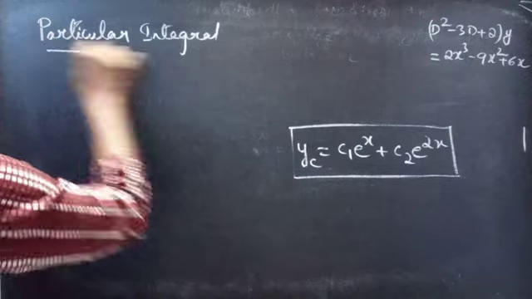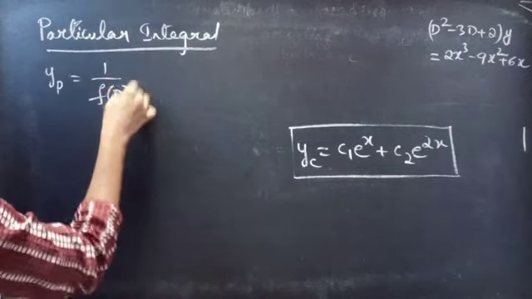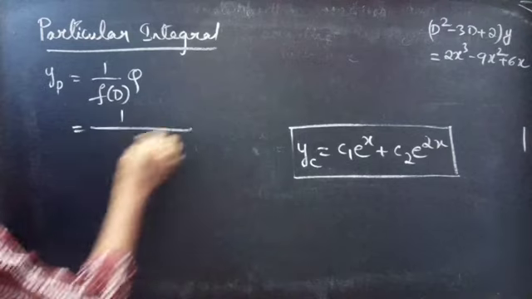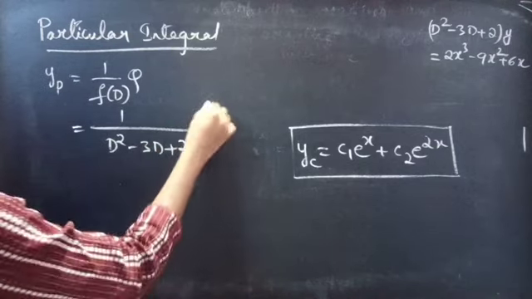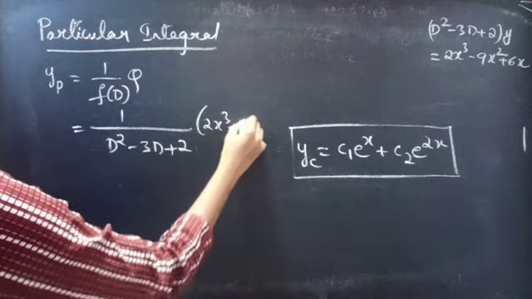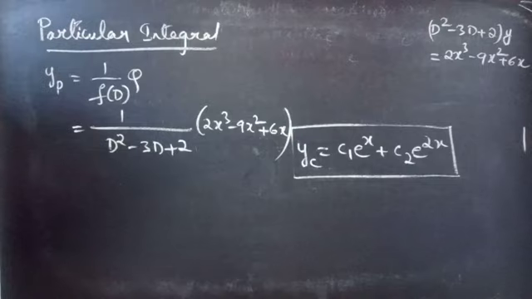We'll find the particular integral using yp equals 1 by f of D into Q. We have D square minus 3D plus 2, and Q is 2x cube minus 9x square plus 6x.